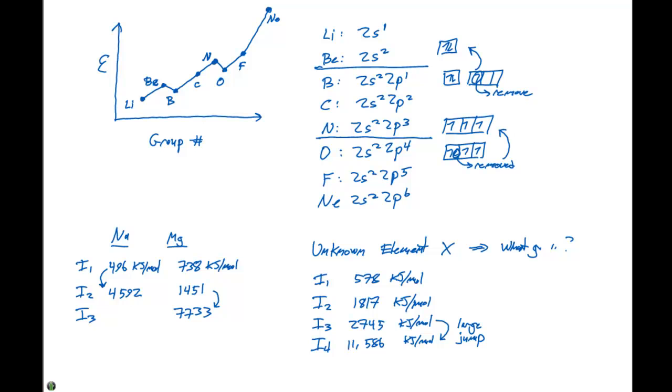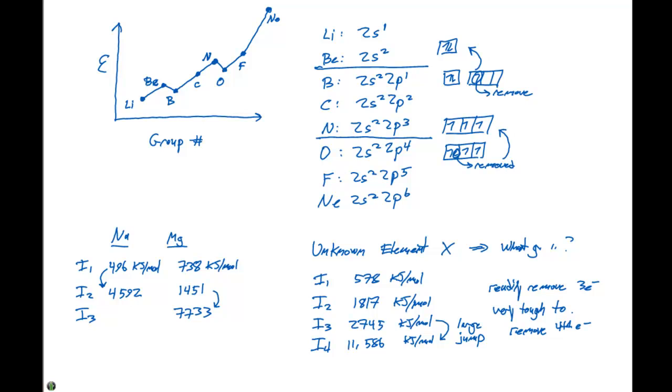Since we have this large jump when we go from 3 to 4, we can readily remove 3 electrons, but it's very tough to remove the 4th electron.